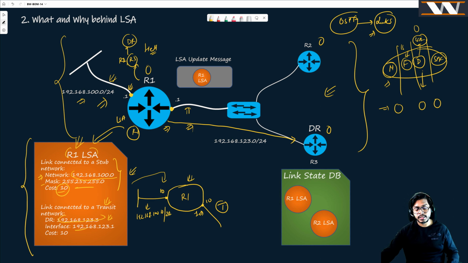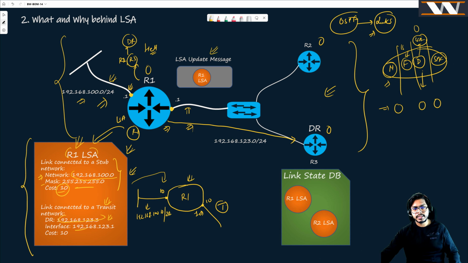So it is very important to understand that whatever routing information I am sending from R1 towards my DR is actually the link state advertisement. I am just advertising my routes to my DR. This orange piece of information is encapsulated in one of the messages created by the OSPF protocol, which we are going to talk about on the next board.